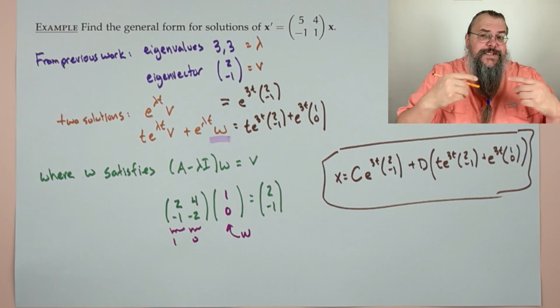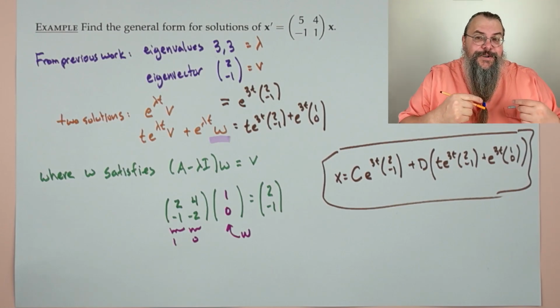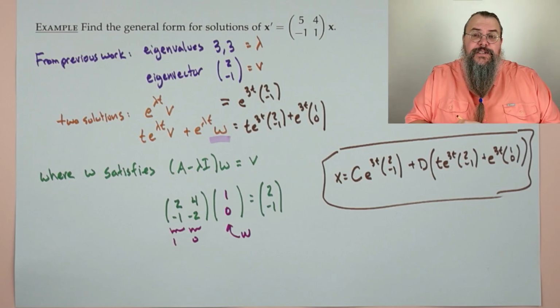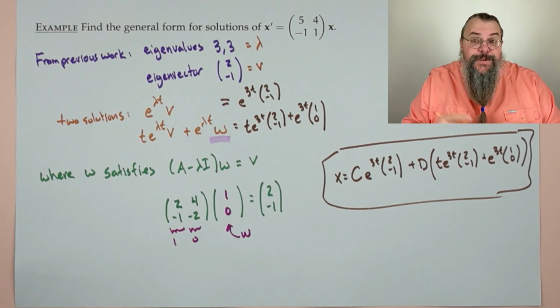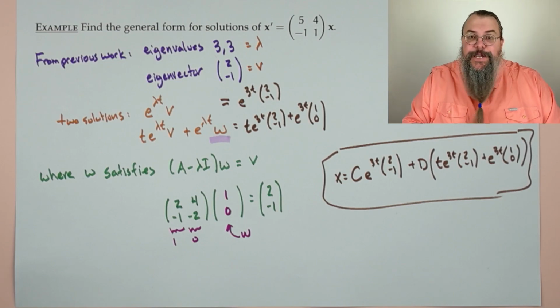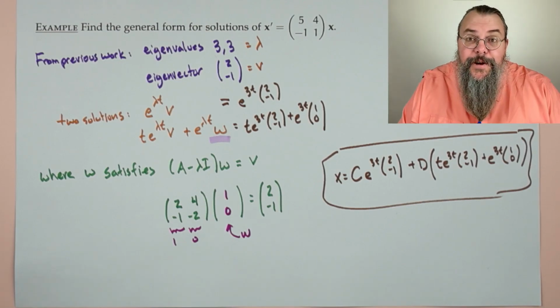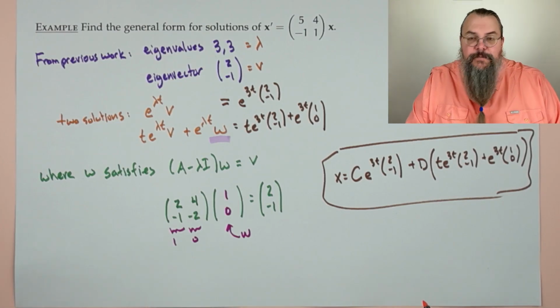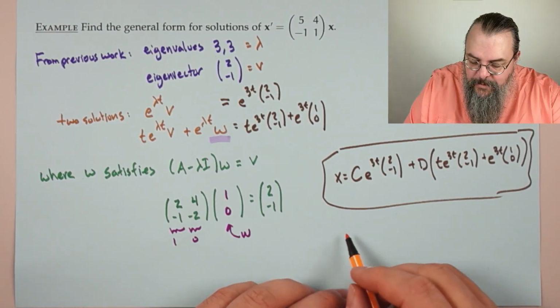Is it a second solution, or is it something that we already have? That's actually a fair question. How could you check? The Wronskian. So, you know, we have all the time we want. We're among friends. And so if we did a quick check with the Wronskian, what would we have?